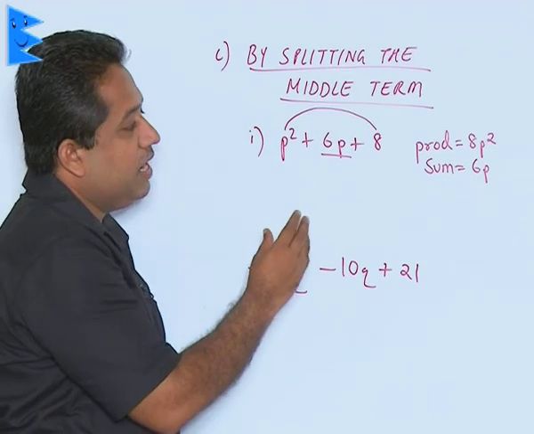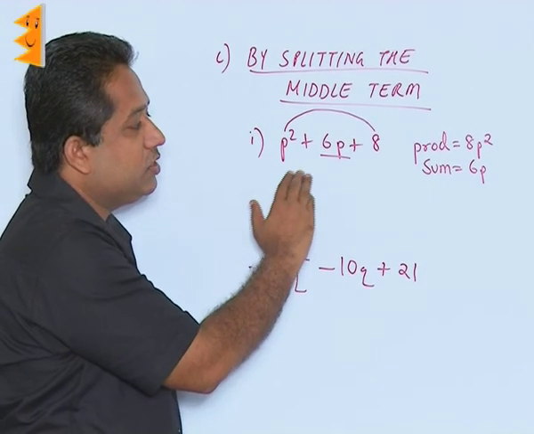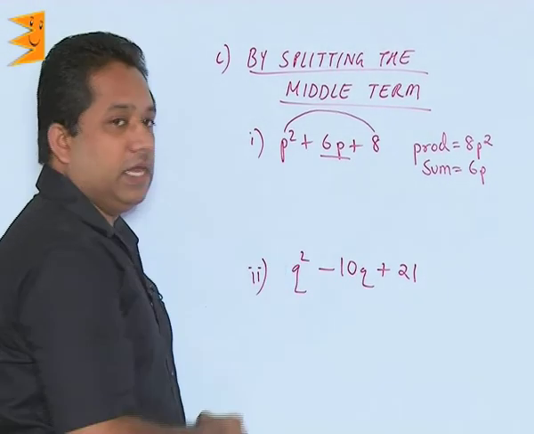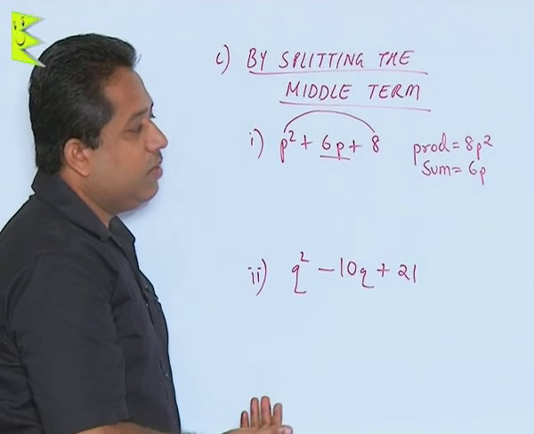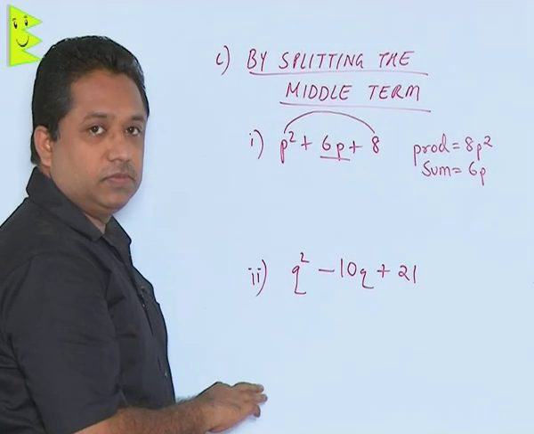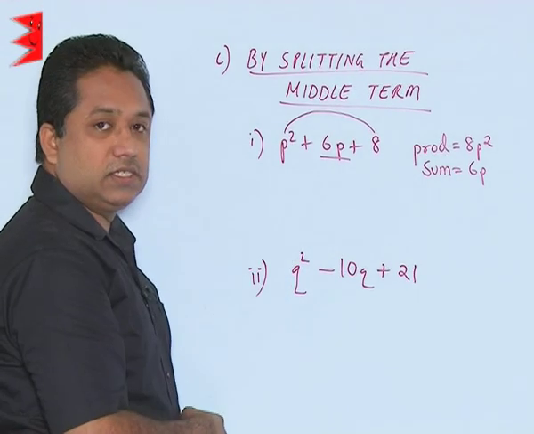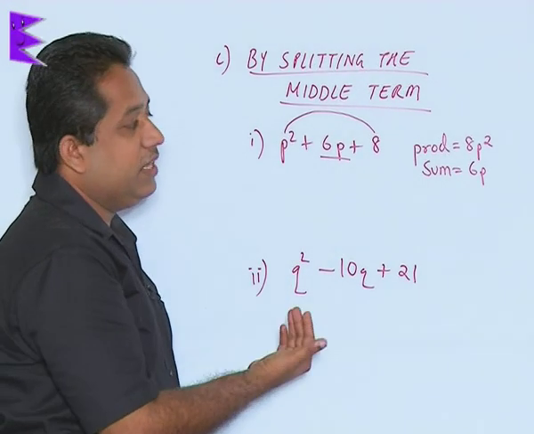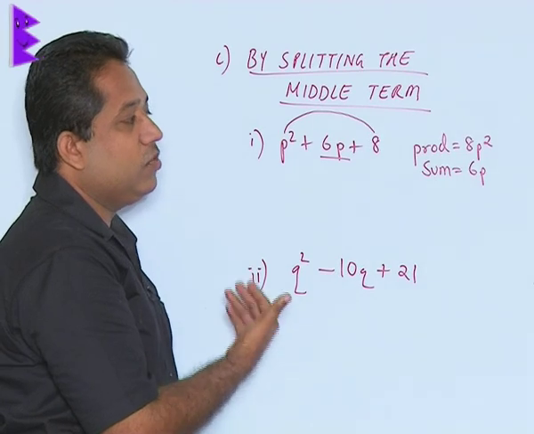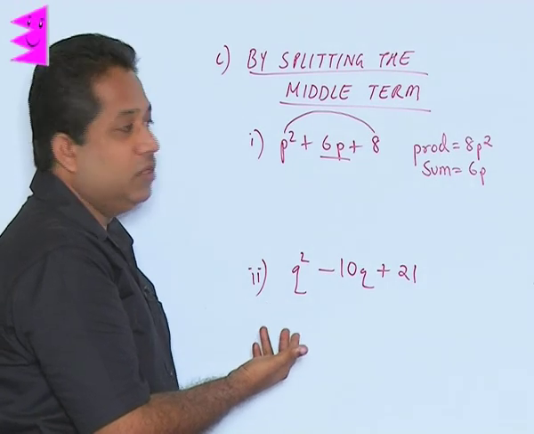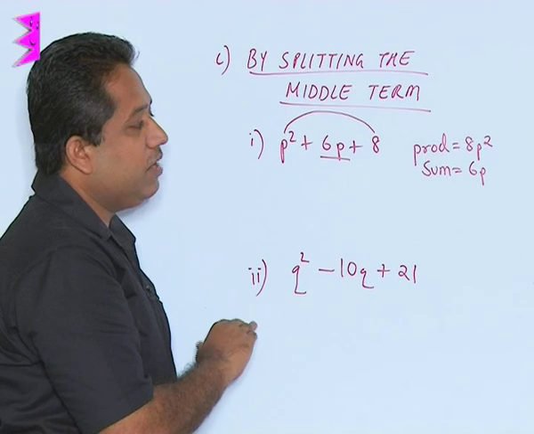So, we will have to look at some combinations which on multiplying will give me 8. Now, 8 is obtained by multiplying 8 into 1, but 8 and 1 combination on adding will not give me 6. So, I cannot take that factor 8 and 1. So, we will have to look at other factors of 8. So, 8 can be obtained by multiplying 4 and 2.